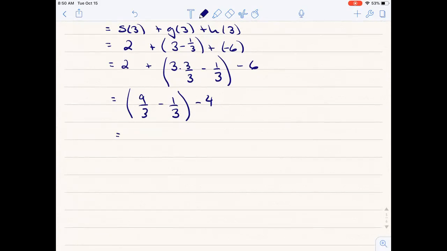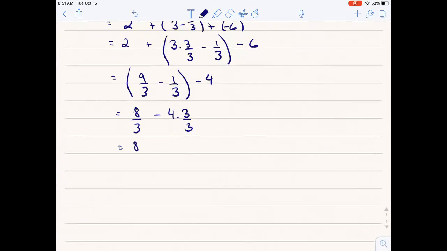I like to slim down this fraction, but you totally could put -4 as -12 over 3, right? That's fine. 9 minus 1 is 8 over 3, -4 times 3 over 3, so 8 over 3 minus 12 over 3.